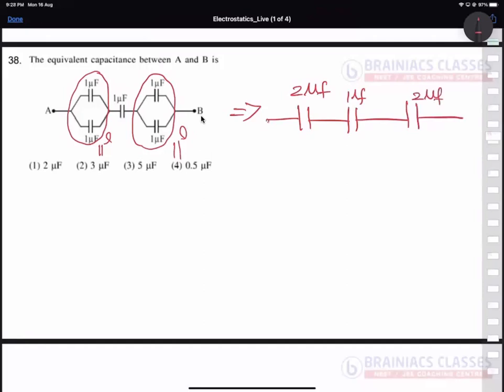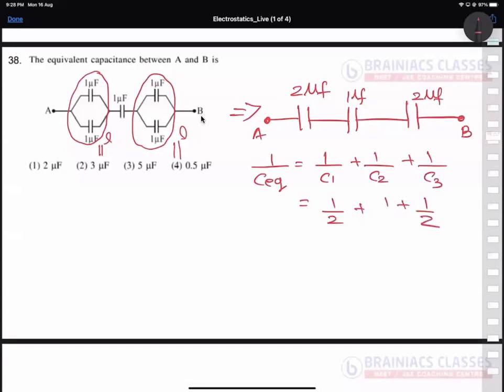Now the capacitance between A and B: how much will it be? So the 3 capacitances are in what connection? Series connection. So I will find 1 by C equivalent equal to 1 by C1 plus 1 by C2 plus 1 by C3. So 1 by 2 plus 1 plus 1 by 2.